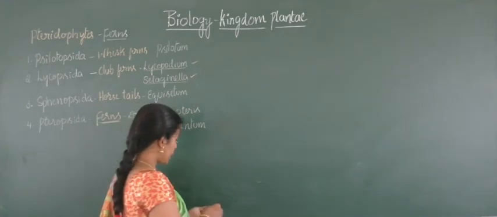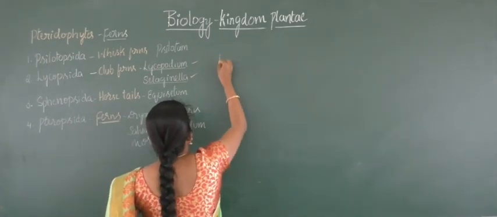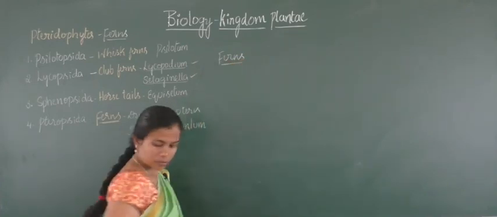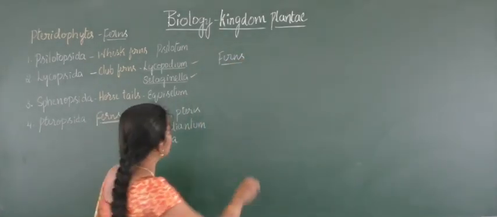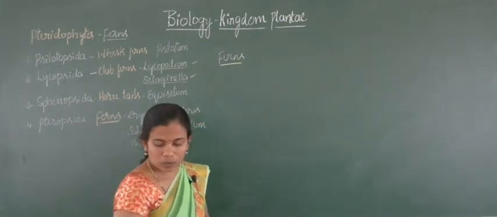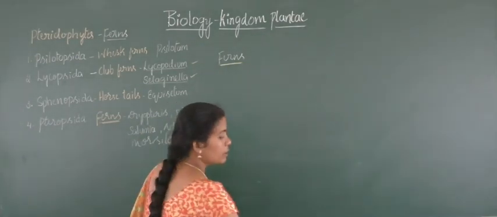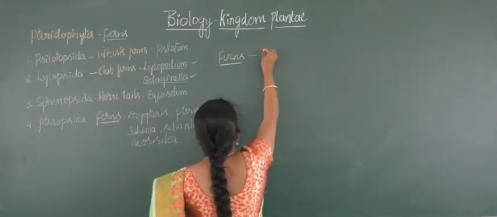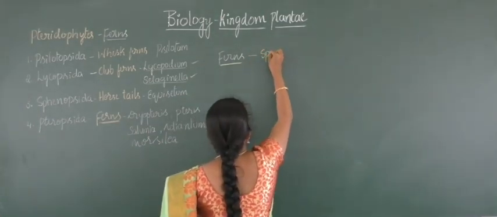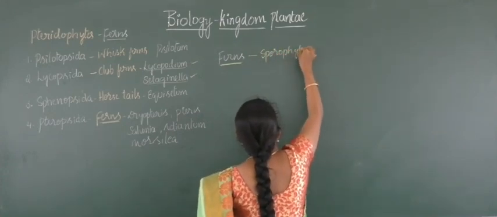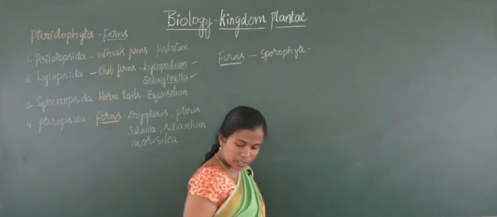So next we'll take up the ferns and their reproduction process. Ferns and their reproduction. See, when it comes to the reproduction process, there will be a presence of dominant sporophyte, which is dominant in case of pteridophytes.